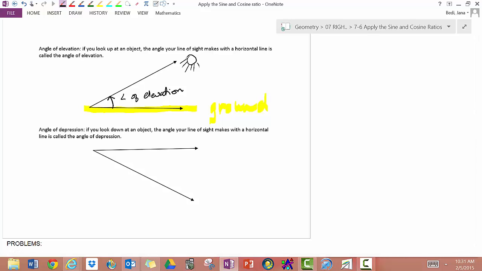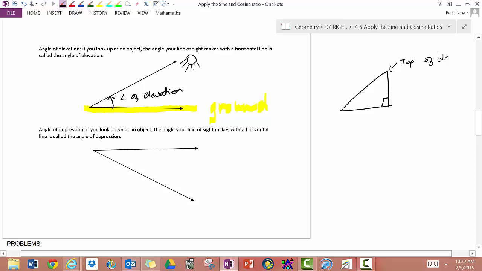If I was looking at the top of a building, let's say, this is a building, and this is the top of the building. And I knew this angle was 20 degrees, and I knew this was 500 feet.